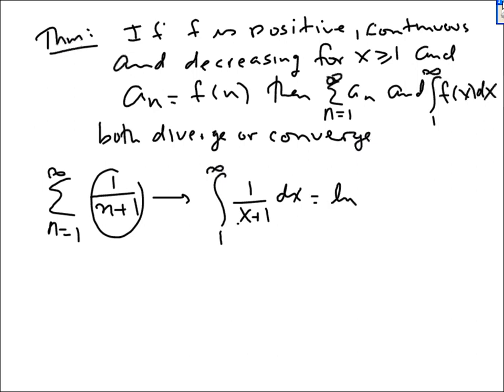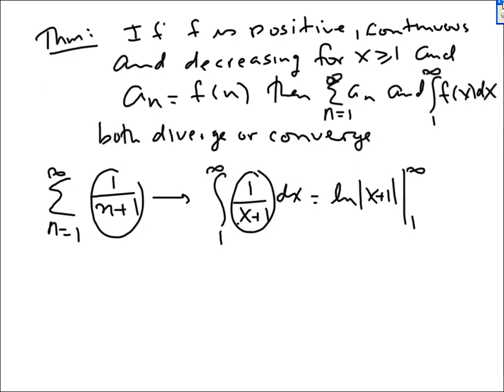That's just ln of x plus 1. After all, the derivative of ln of anything, you put the anything in the bottom and the derivative on top, so we got back the original function. And now we have to go from 1 to infinity.